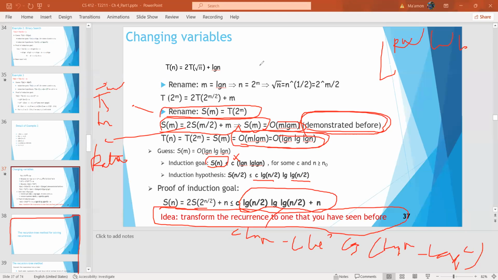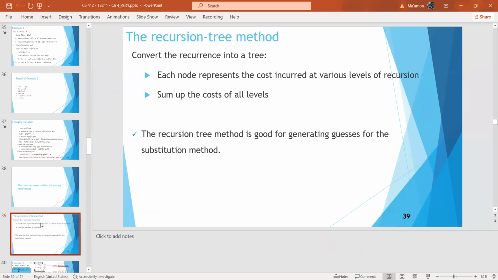So now we will record, inshallah, a video for these slides here, starting from the recursion tree method and also the master method. So we have explained two methods. The first method was linear iteration.